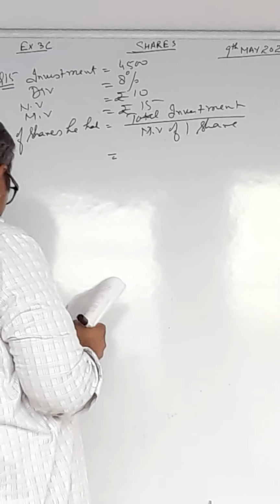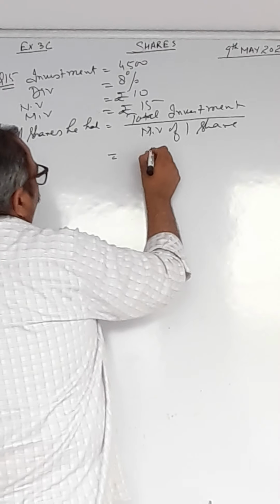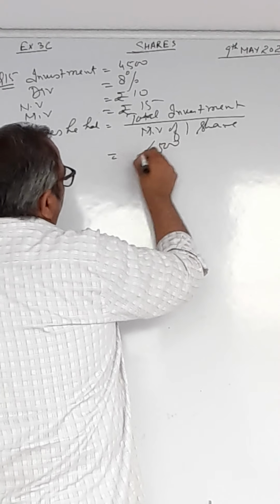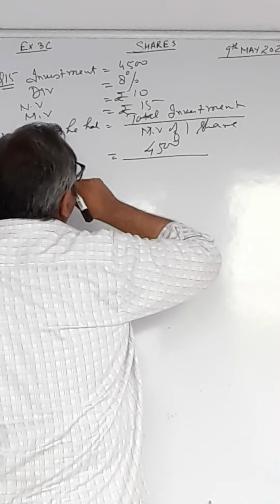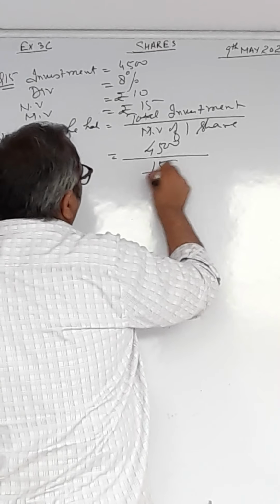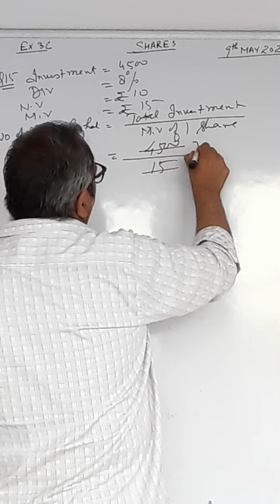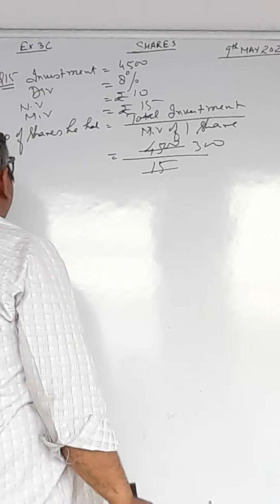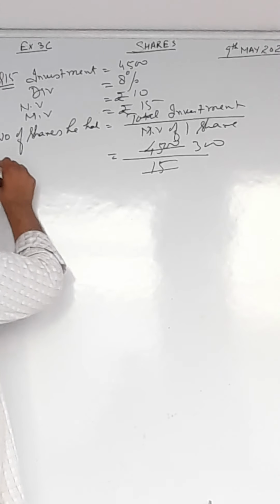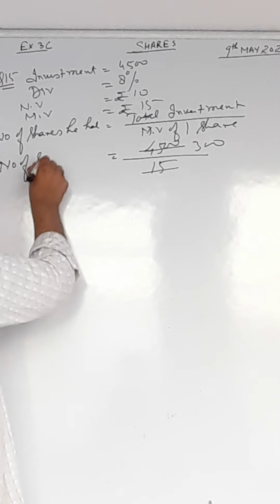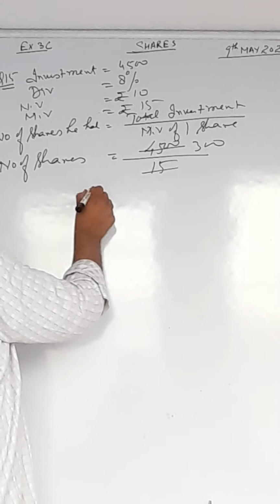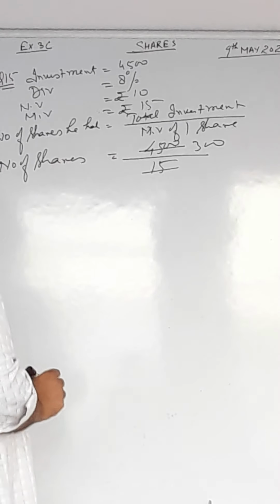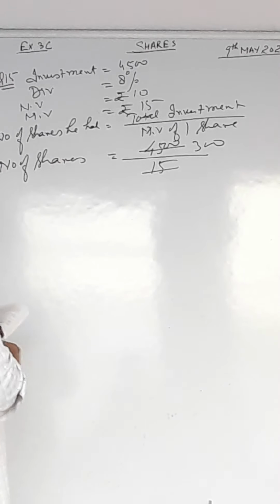Total investment he has is 4,500. Market value is 15 rupees. 5 3s are 15, 3 are 45. 300. Number of shares is equal to 300. He had 300 shares. Please check.